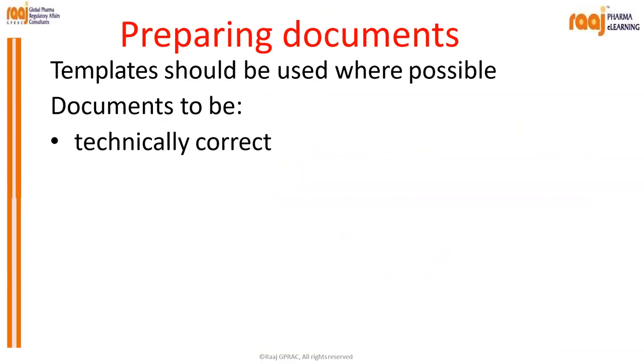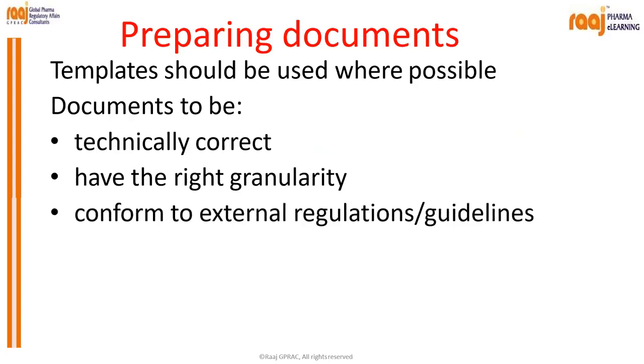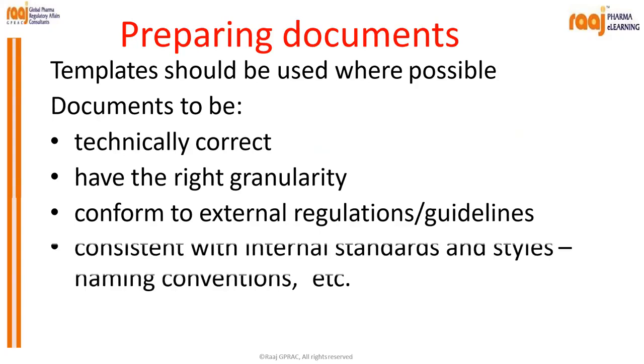While preparing your document for CTD or eCTD, you have to be ready with templates which are technically correct. If you see the granularity, there are huge documents required during your compilation from module 1 to module 5. So you have to have the right granularity, and you have to conform to external regulations and guidelines while designing it.